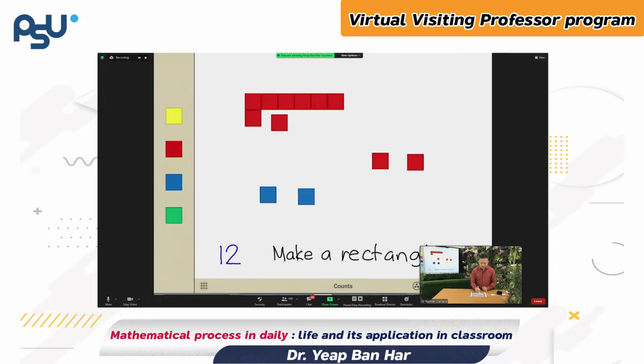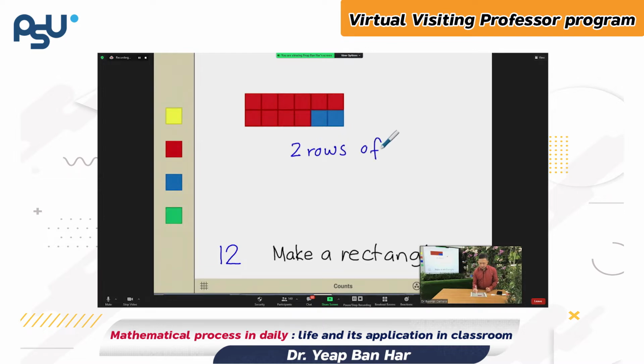And the teacher say, what do you mean by like that? And maybe the student show. Oh, you mean you make 2 rows of 6. So they make 2 rows of 6. I can also write it like that. 2 rows of 6. Oh, thank you.